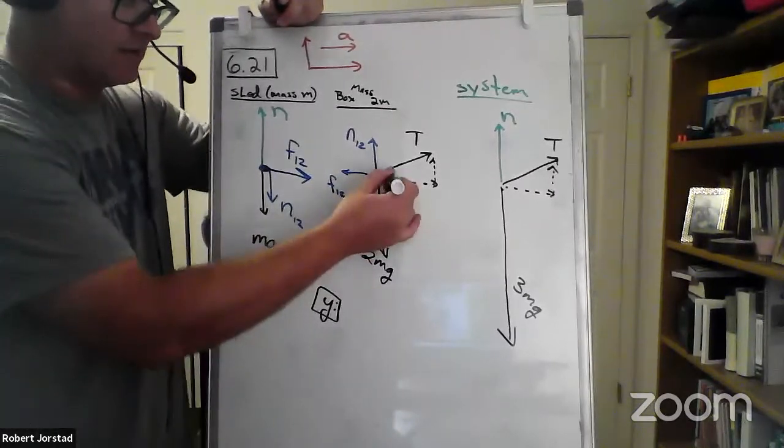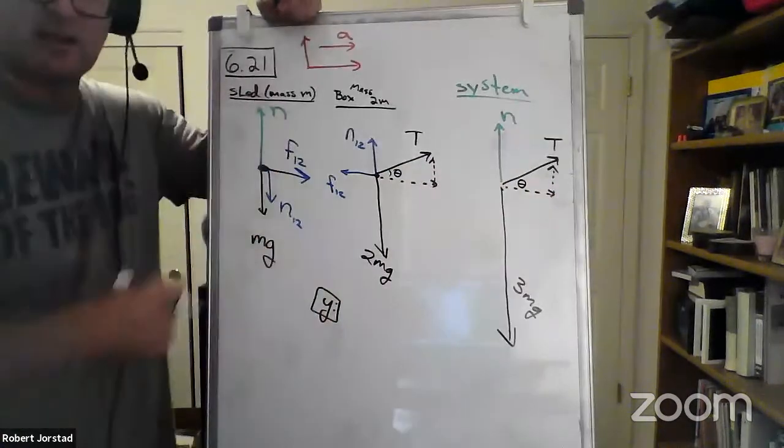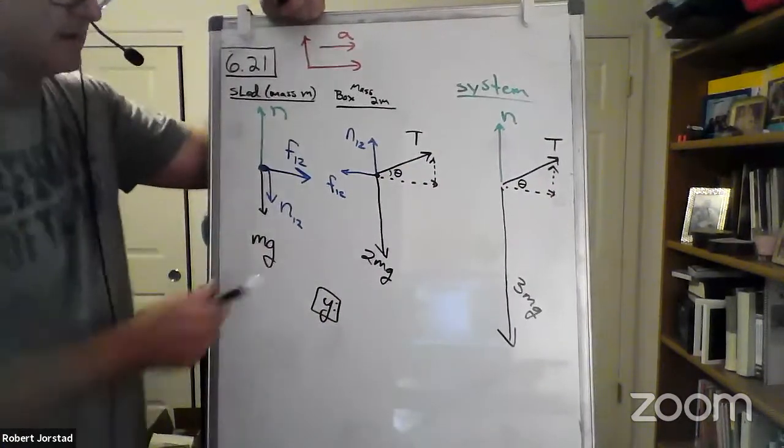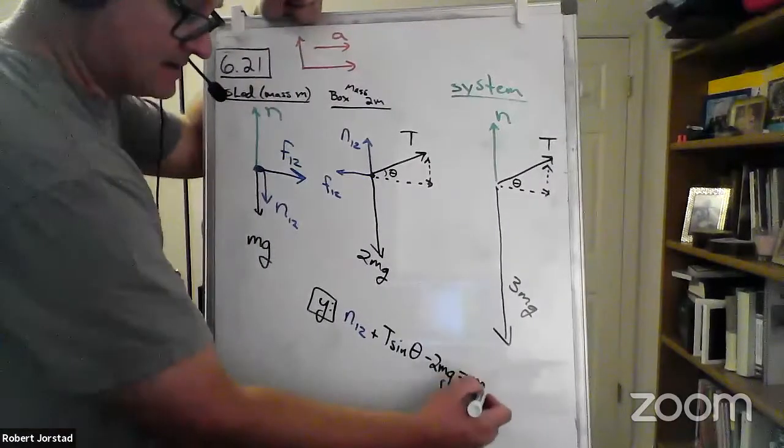I think this was theta, right? We'll call it theta. Who cares? Give me the force equation in the Y for block 2M. So you have N12 plus tension sine theta minus 2mg equals mass times acceleration.